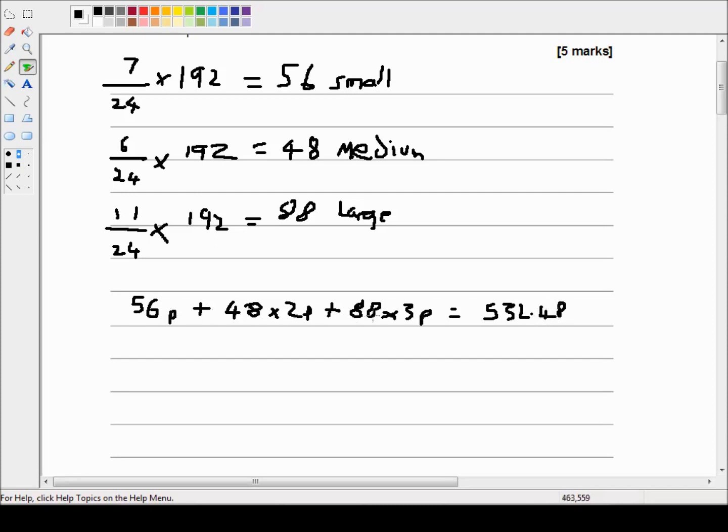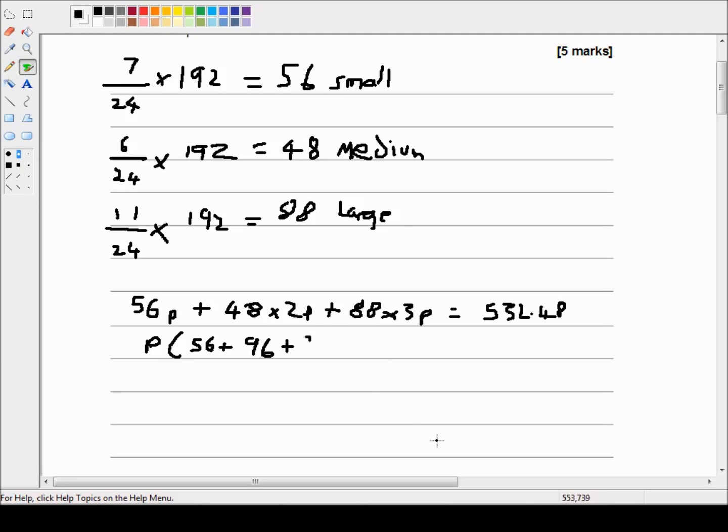Okay, so the first thing I want to do is factor out the p. So this is p into 56 plus, well, 48 times 2 is just 96, plus, and then 88 times 3, I'm going to get the calculator. No, I'm going to do this in my head. 264.